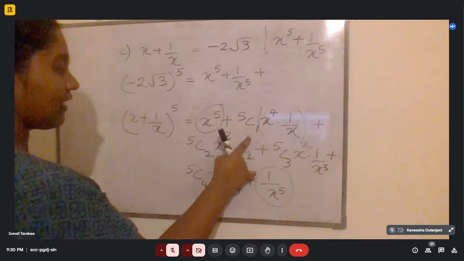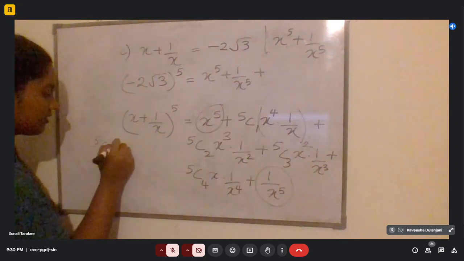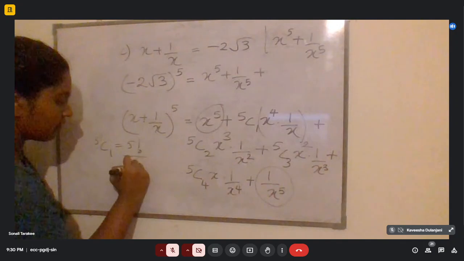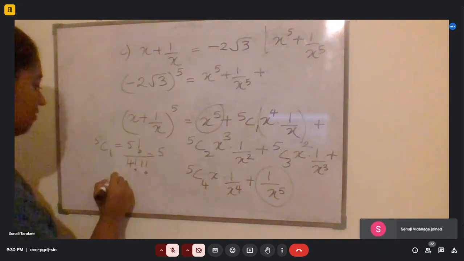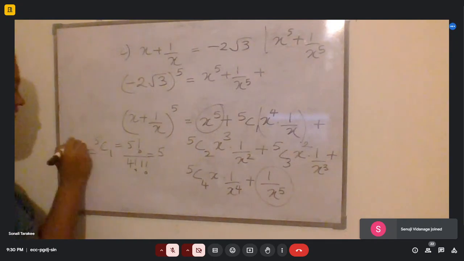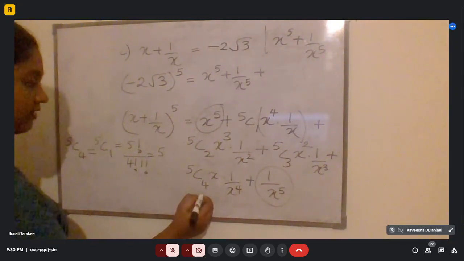5C1 means 5 factorial over 4 factorial and 1 factorial, there you get 5. This is same as 5C4, that means this value.